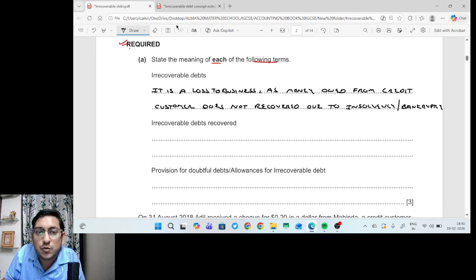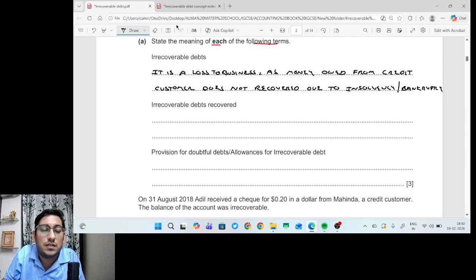Now, coming to the next point, irrecoverable debt recovered. This is a unique point. If I already write off my customer's account as irrecoverable debt, in our example Hari's account was closed, there is no Hari in my ledger now.